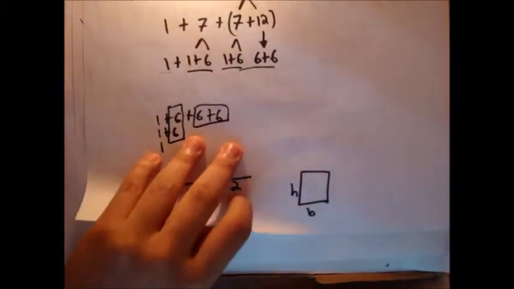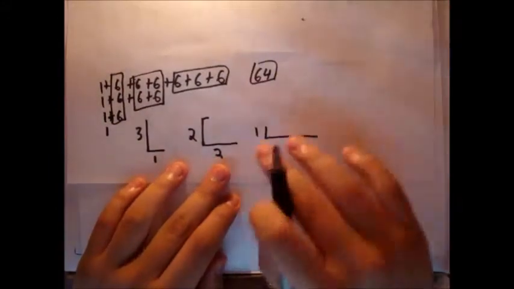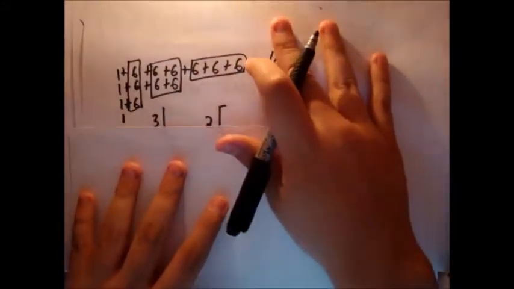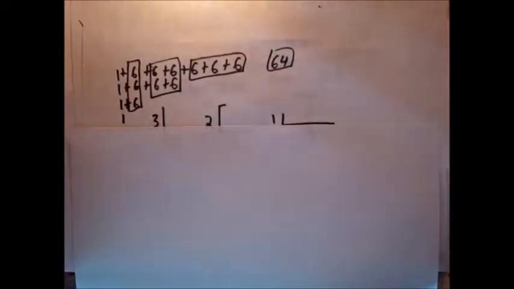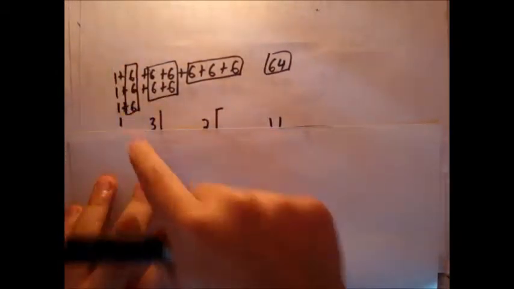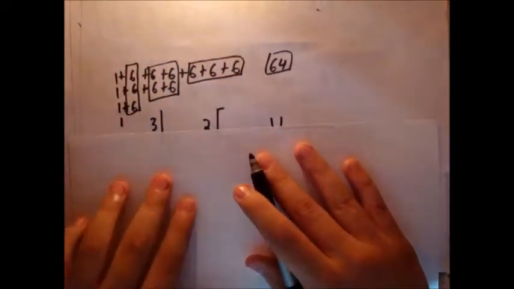So let's actually try to compute this. We were interested at first in the 64 version, and let's actually go. So let's see. This pyramid looking thing, or this triangle of 1s and 6s, represents 64.